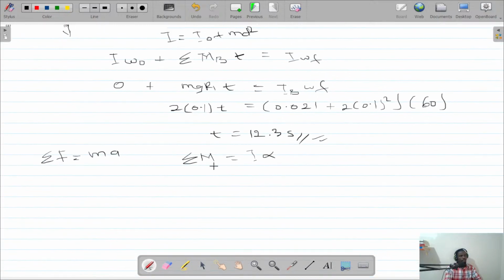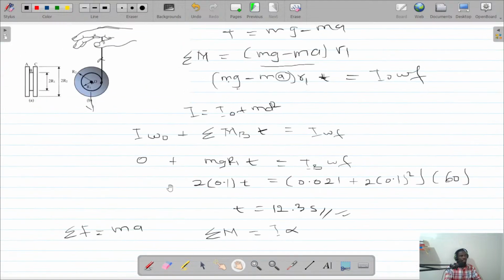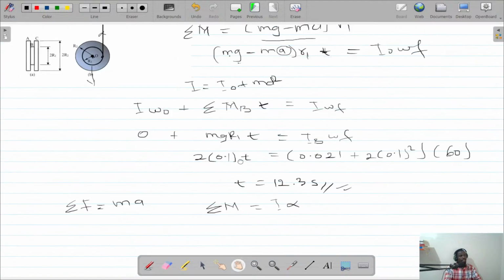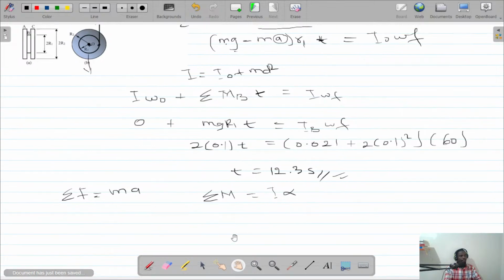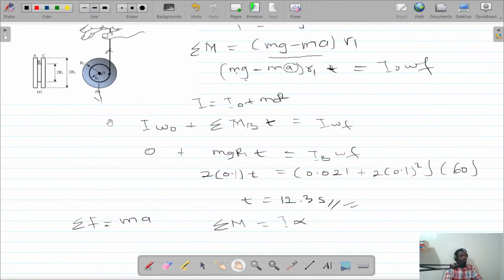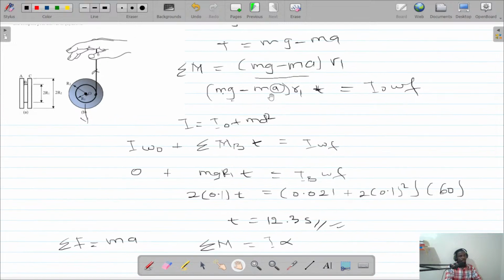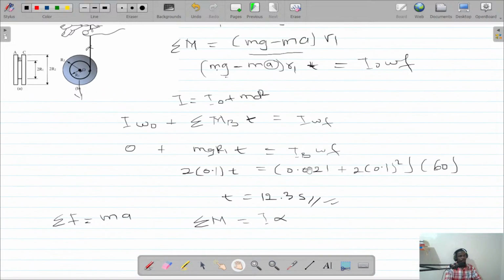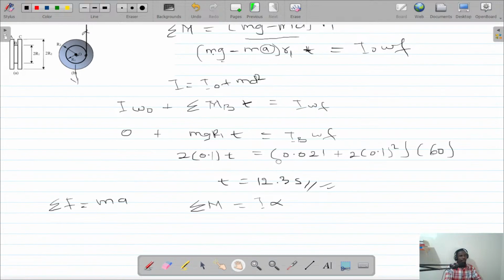If you're taking moment at this point, then the moment will be mg times r, which is what we used over here, mg times r1.